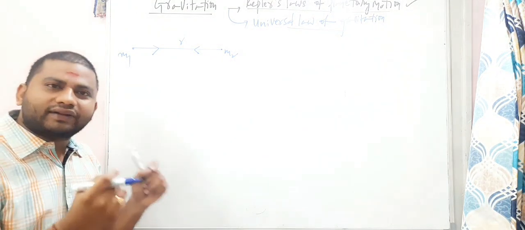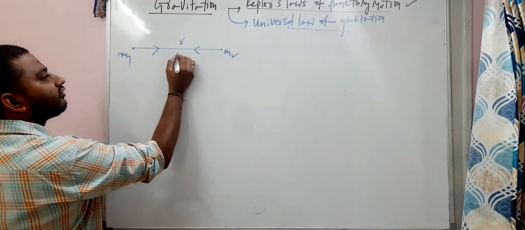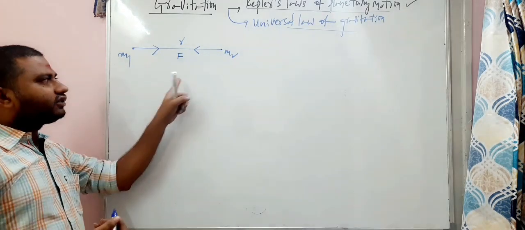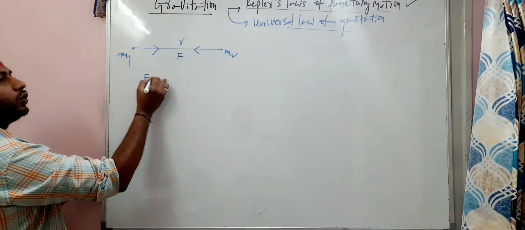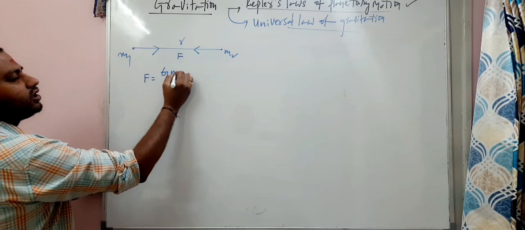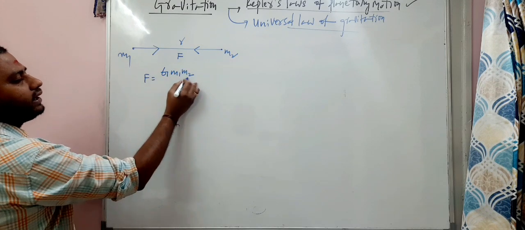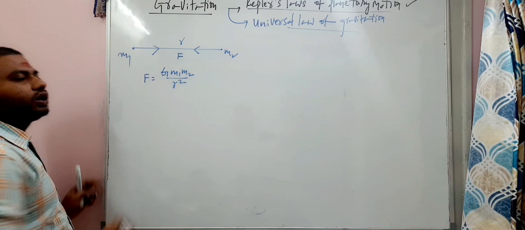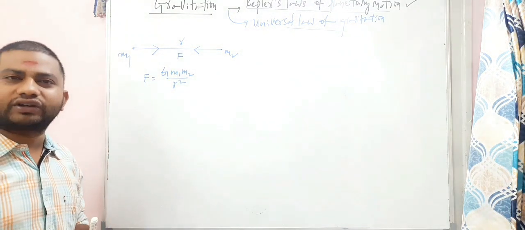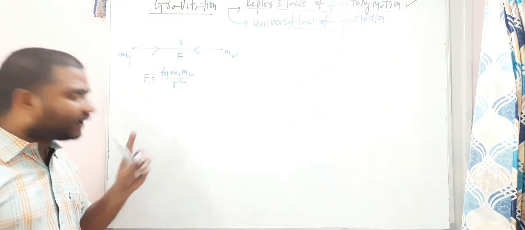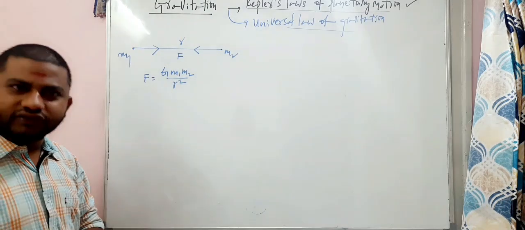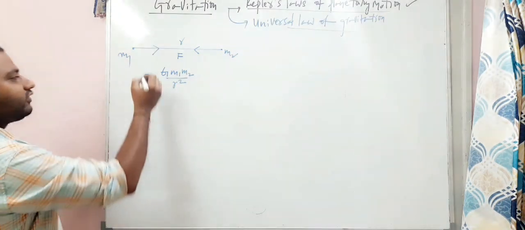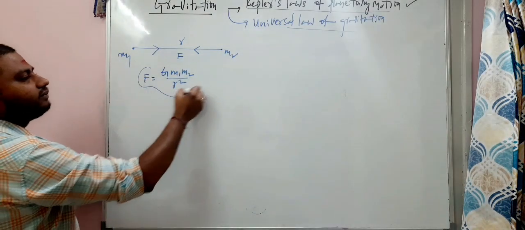They both attract each other with a force F, and that force F is equal to G m1 m2 by r square. This is Newton's law of gravitation, also called universal law of gravitation.